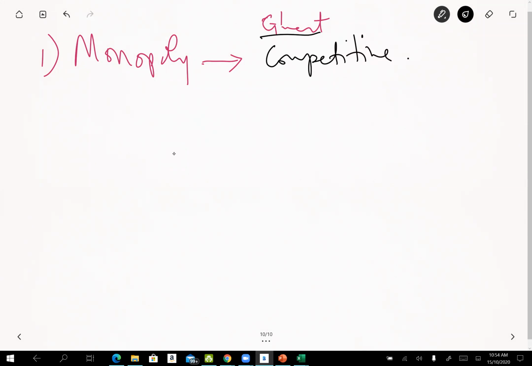So the government has a role to play in order to reduce the monopolistic problem in the economy. Because under monopoly, it's not good, because we are paying a higher price and we get less quantity. So how does the government play the role to reduce monopoly power?